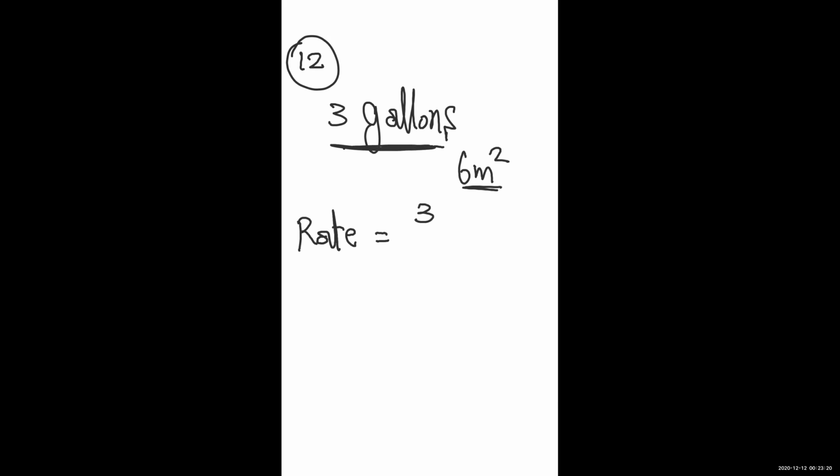Question 12. A worker uses 3 gallons, and the used gallons per each meter, so the rate of gallons equals 3 over 6, which will equal 0.5, exactly 0.5 gallons per meter squared.